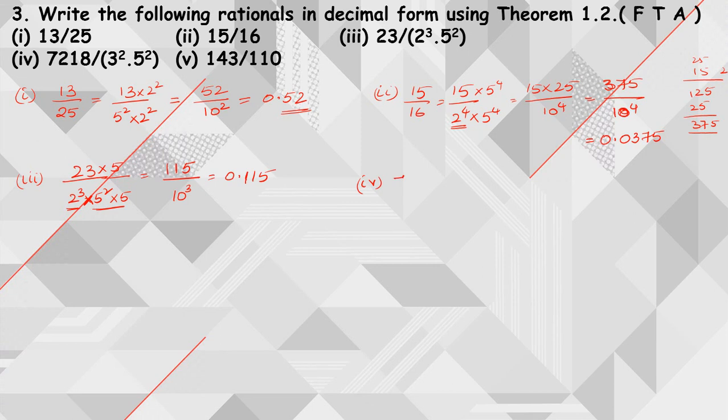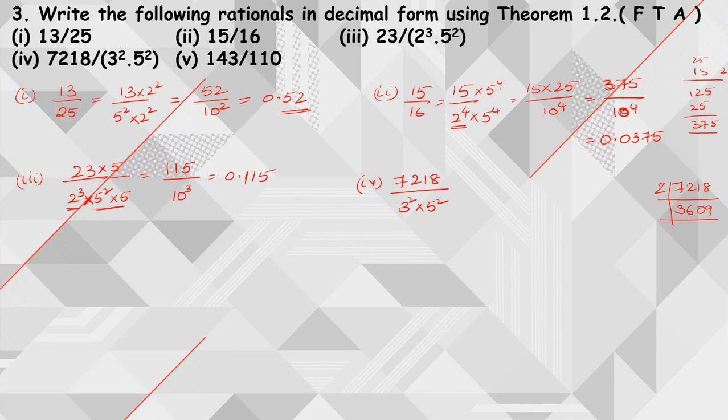Question number 4 is 7218 divided by 3 square into 5 square. First of all, we need to prime factorize this 7218. On doing prime factorization, first the 2 table: 2 3s are 6, 2 6s are 12, 2 9s are 18.